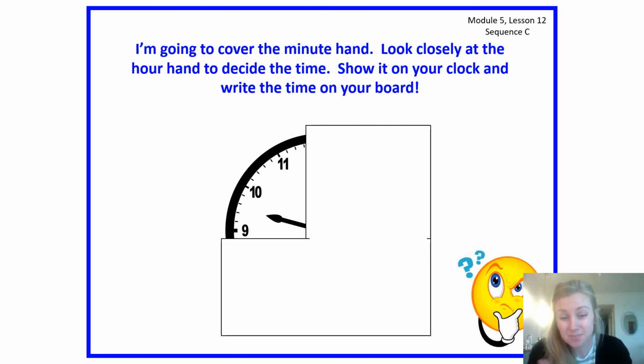Now this one is a little tricky. The hour hand is not pointing straight to the 9, and it's not pointing straight to the 10. It's in between the 9 and the 10. If it's in between two numbers, we know it's that time 30. So make it on your clock and write it on your scratch paper. You have 10 seconds. Go.